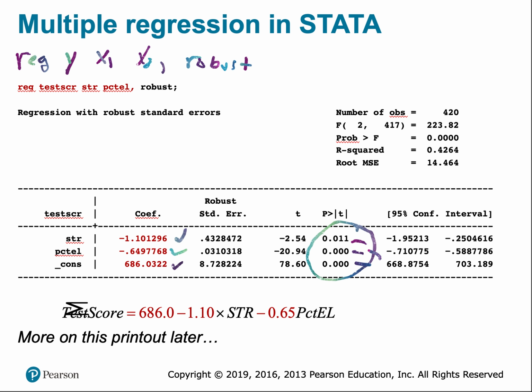We can also claim that the percent of English learners and the intercept are statistically significant at 1%, because these p-values are smaller than 0.01, but the p-value for student-to-teacher ratio is larger than 0.01, so it is not significant at 1%, but it is still significant at 5%, because the p-value 0.011 is smaller than 0.05. And we will get into more detail on this printout.